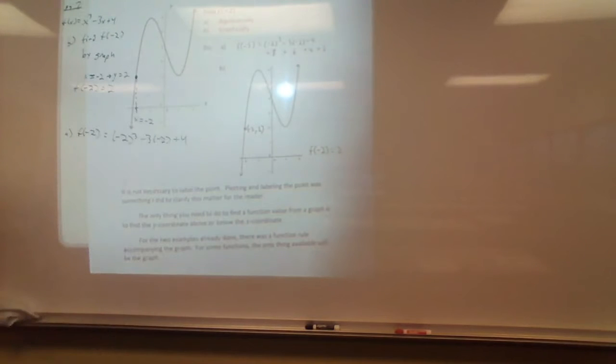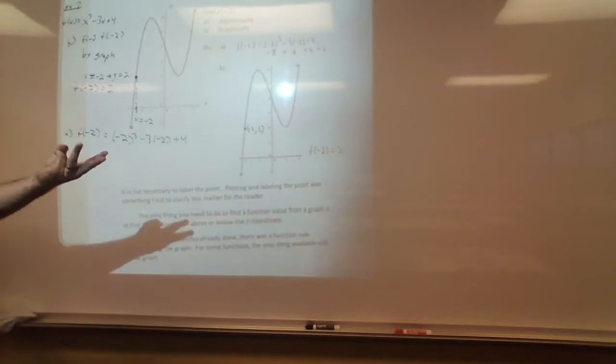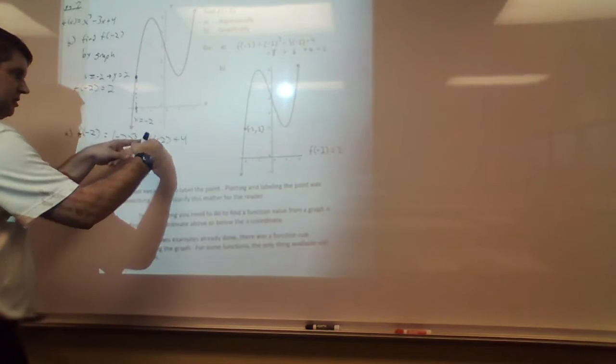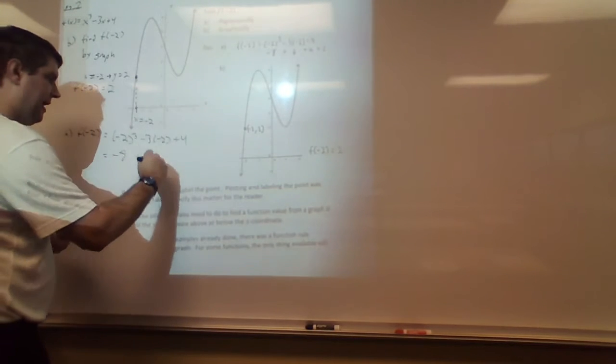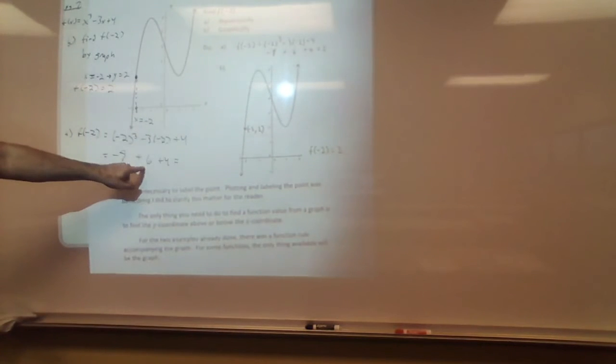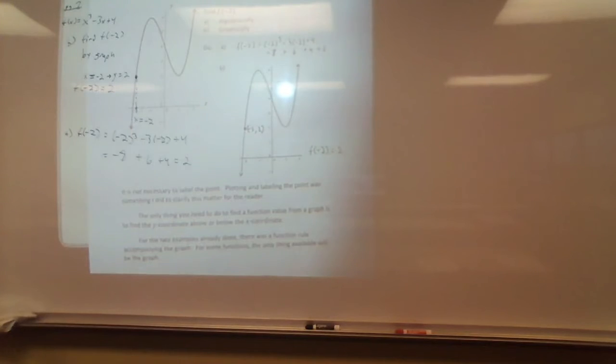All right, so -2 cubed is -2 times -2 times -2, which is -8, plus, this minus times a minus is a plus, and then plus 4. -2 plus 4 is 2.